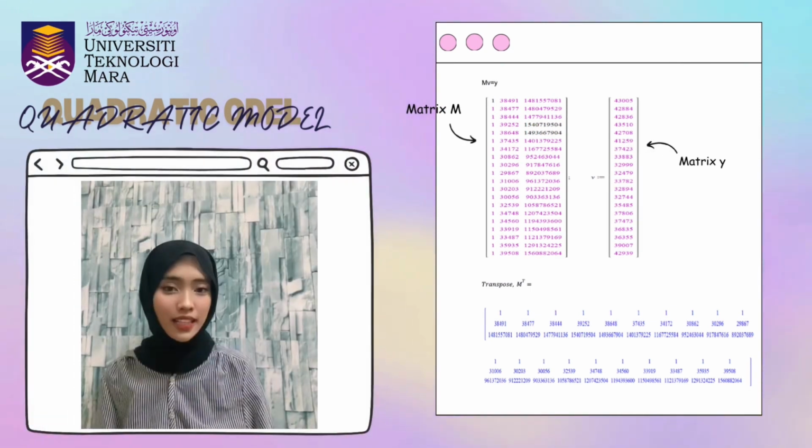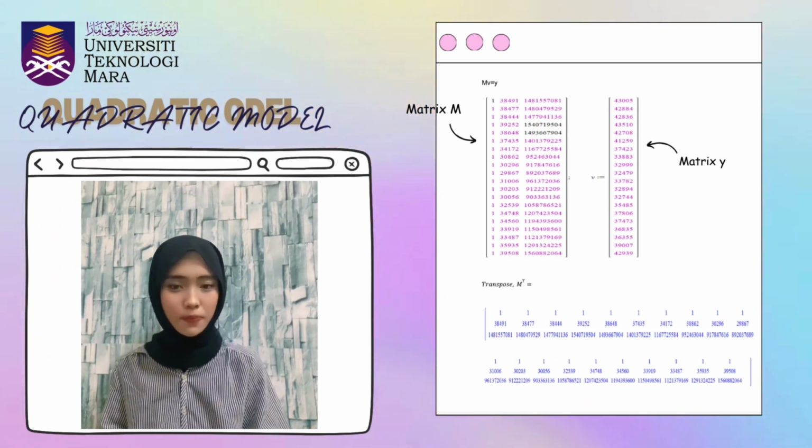After that, we set up the matrix based on the previous data, becoming Mv equals y as shown here. For the first column, we put the value of 1. For the second column, we take it from the x value, which is the number of crashes. And the third column, we put the value of x squared.